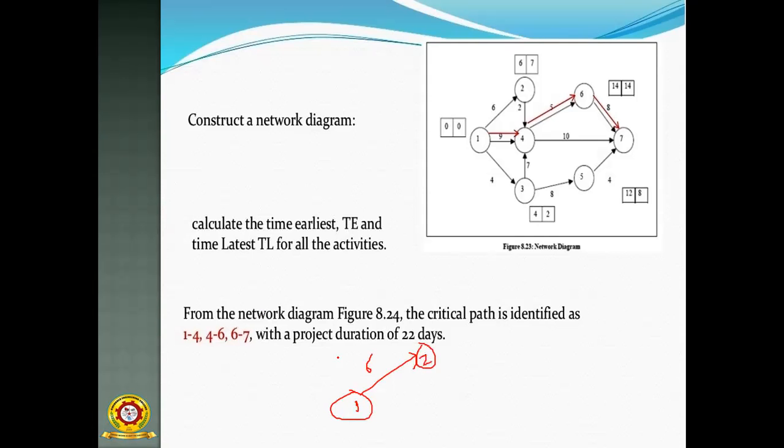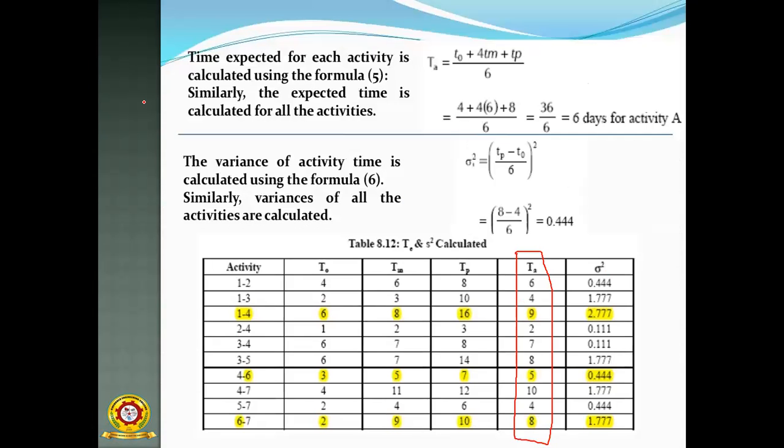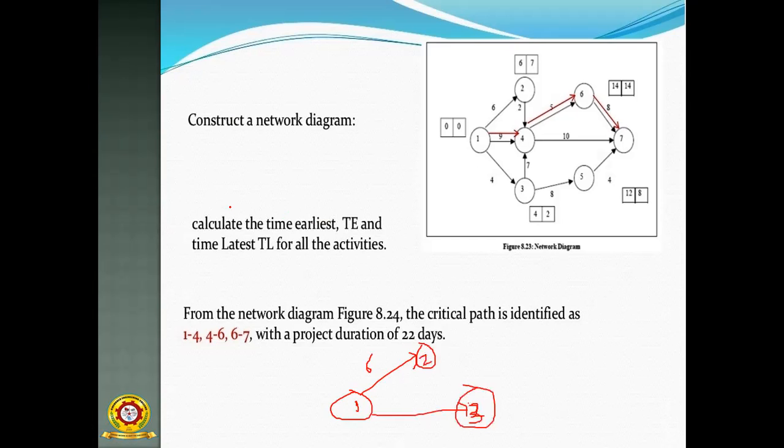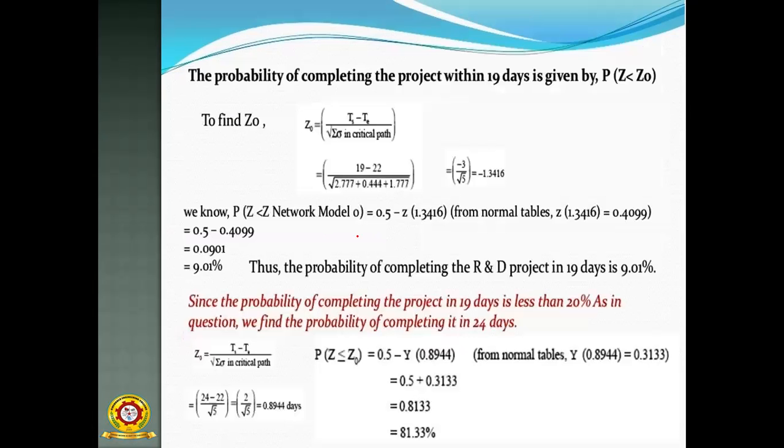Next one is 1 2 3. Just understand, don't look at the neatness of the diagram, because it is not possible to make it neat.